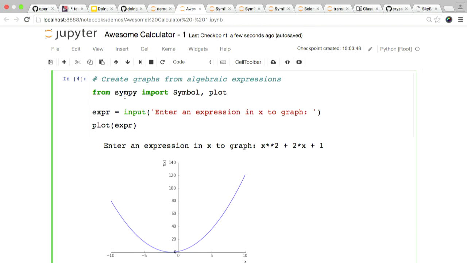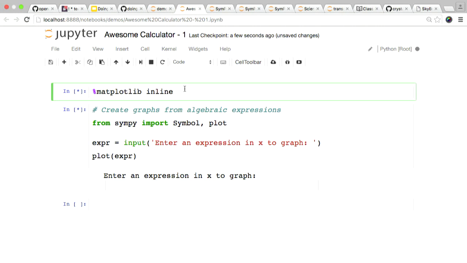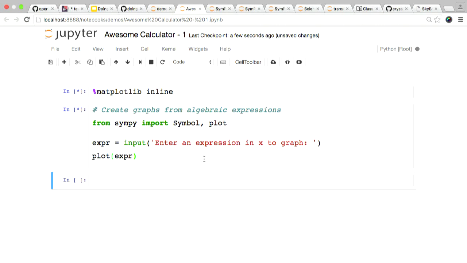I don't need this either, but I'll leave it here. I'm going to do this first. For those not familiar with Notebook, I need to do this so that the graphs are displayed inline. When I run this, it'll ask me to enter an expression.